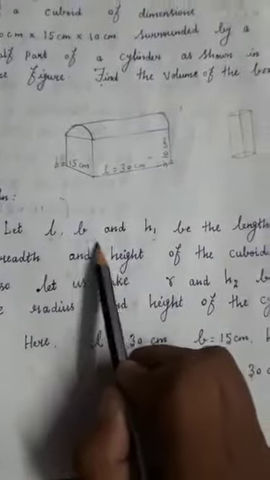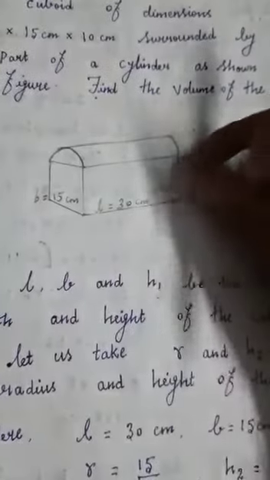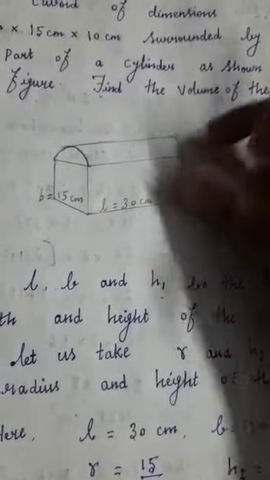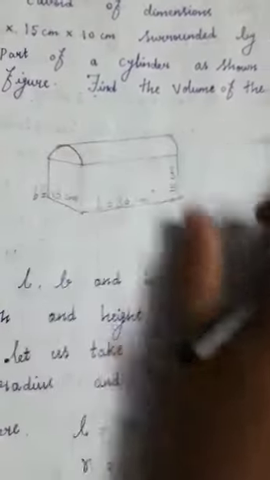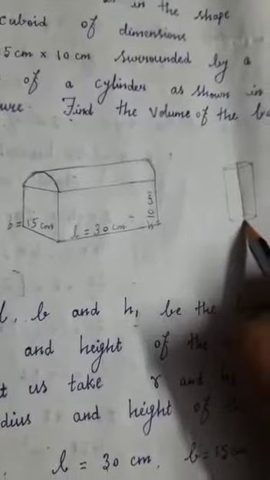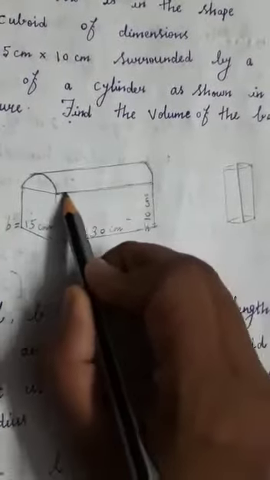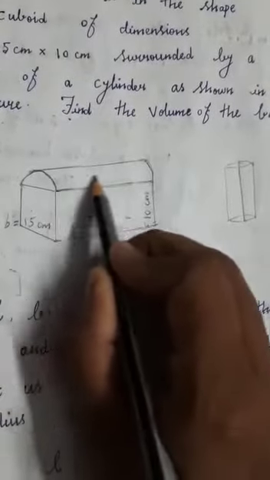Let L, B and H. The cuboid shape has a height. After that, the cylinder part also has a height.